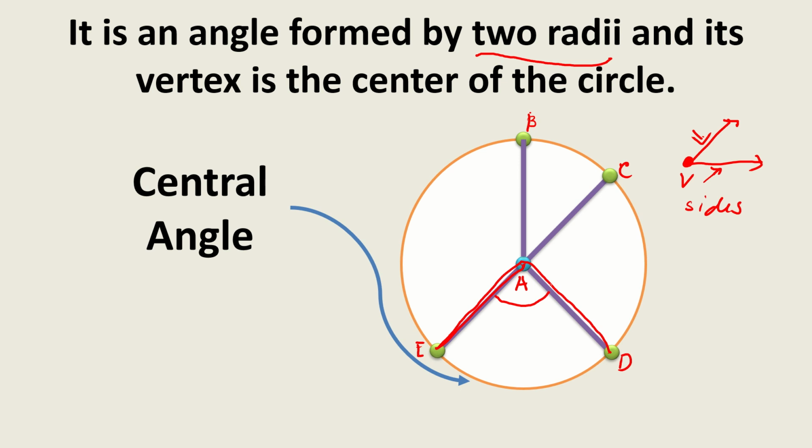Then, from point A to point D ay radius din. Then, ang vertex ng angle ay point A. Ano ba si point A? That is the center of the circle. So, si angle DAE is a central angle.